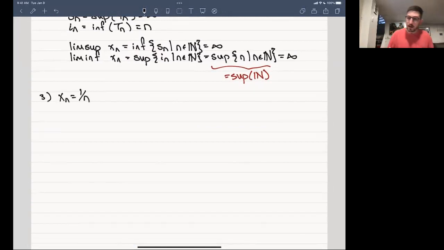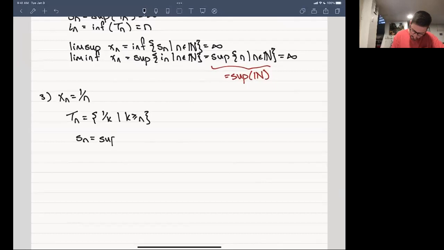1 over every natural number, 1 over n. Well, we've already proved that this thing converges to 0 as n goes to infinity. We can say that the tails are just 1 over every natural number beyond little n. And so if we take a look at what our S_n's are equal to, this is the supremum of the T_n's.